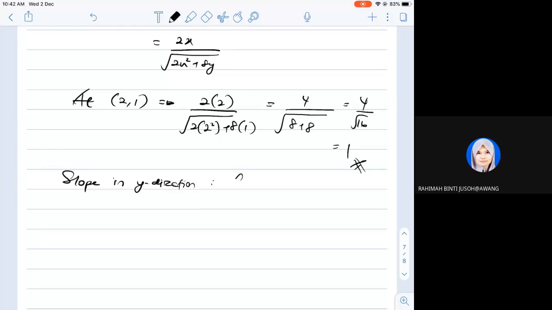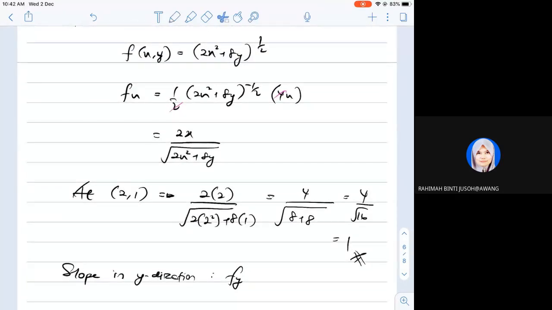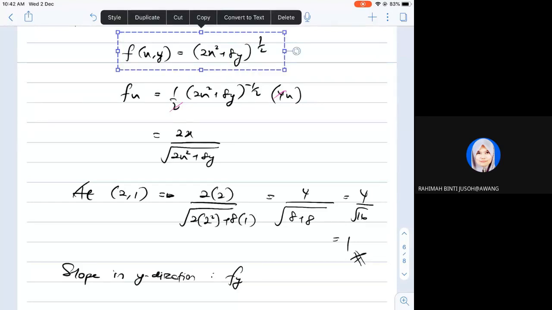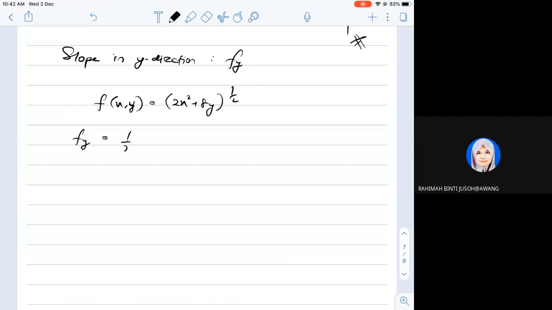So of course you need to find fy. Okay. So differentiate. fy equals 1 over 2 times 2x squared plus 8y to the power of negative half, multiplied by 8. Yes, very good. Multiplied by 8. So we will have 4 over square root of 2x squared plus 8y.